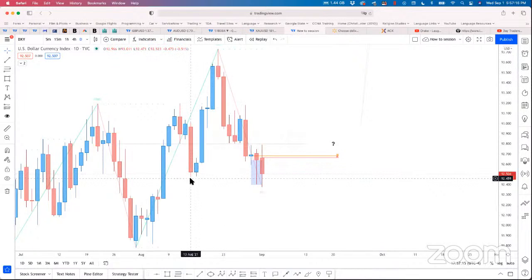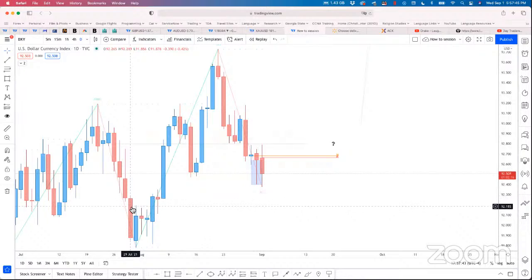But I'm okay if it doesn't, because I know we got this area, this little order block right here, and then this one right here. This one is the majority of the body. We have to look at the lower time frame, but the majority of the body we want to focus on is 92.25. That's around the high for this 92.25 area.